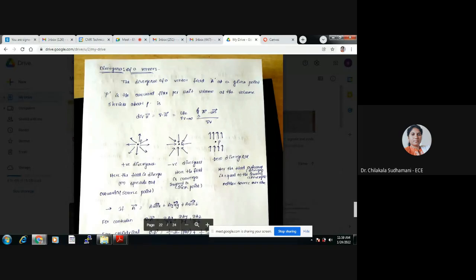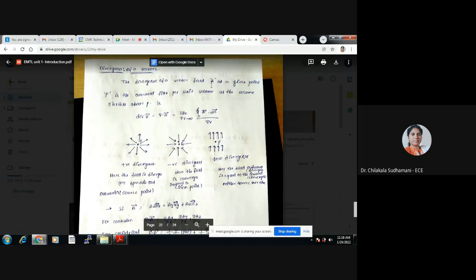So how to find it out? Previously, whatever we calculated is for a scalar. V is a scalar; scalar means the final output does not give any direction, it gives only magnitude. But here we are considering a vector. If you consider a vector, then what is del dot A bar or del dot V bar? Bar represents the vector value.